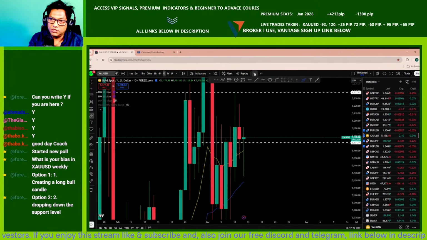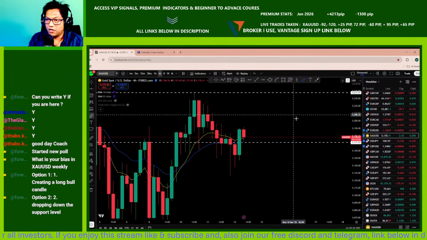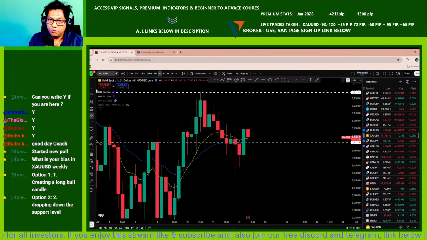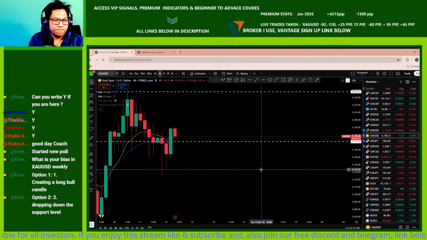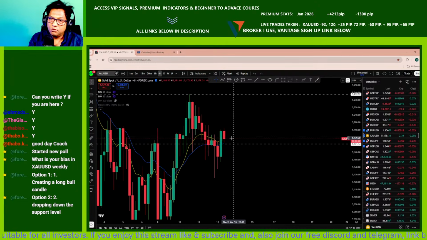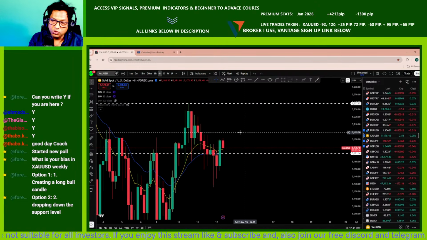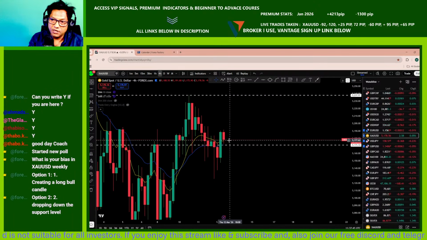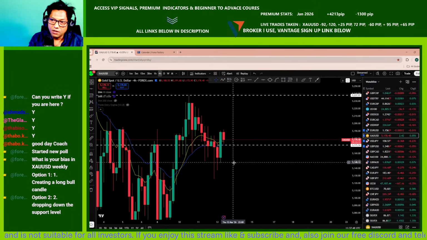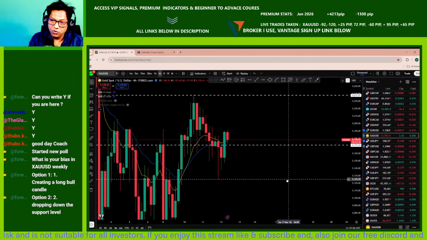Retesting that low is where we are looking for the market structure to show a possible entry. After the previous 4-hour candle close in this area, the market is now slowly building momentum back below.